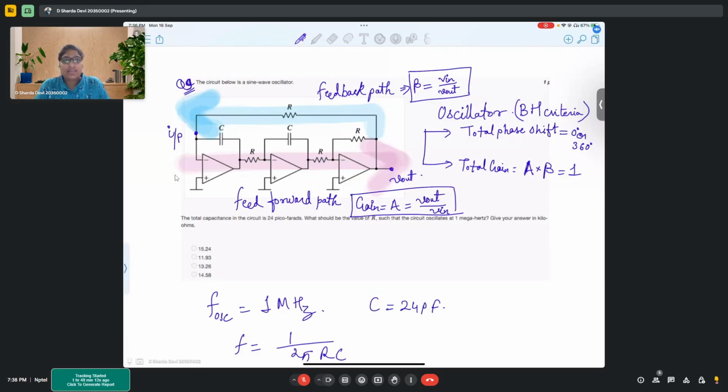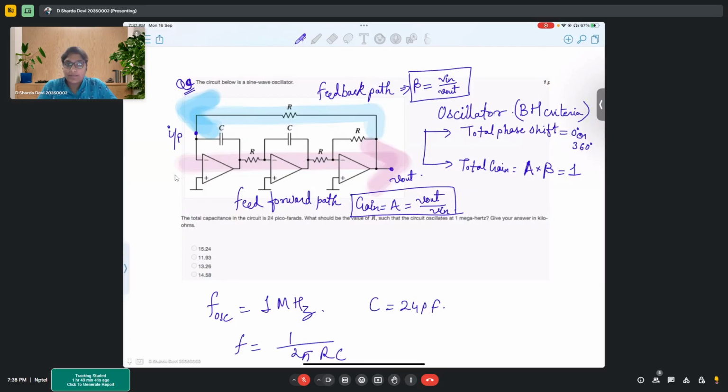And also when you find the phase shift across your whole circuit, in the forward path and then in the feedback path, when you start from one place and come back to that place, the phase shift of the whole circuit should be 0 or 360 degrees. Is this clear? For example, let's say we have just the resistor path over here.